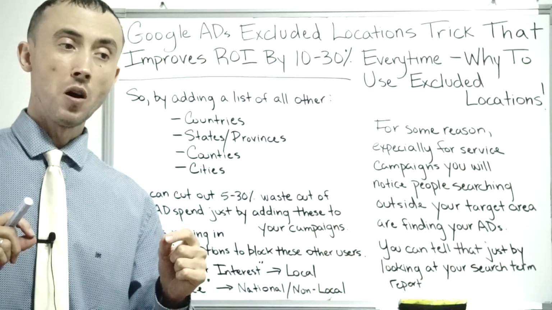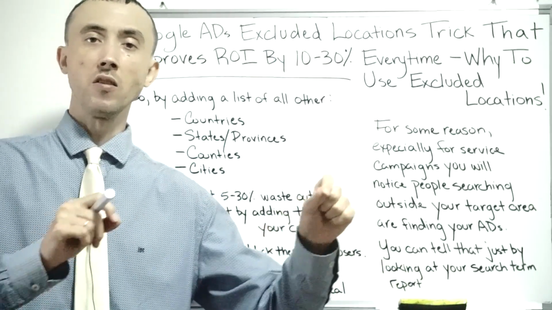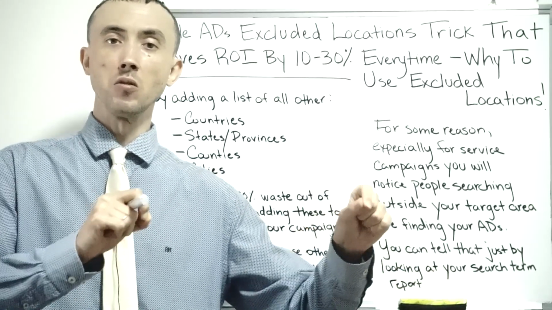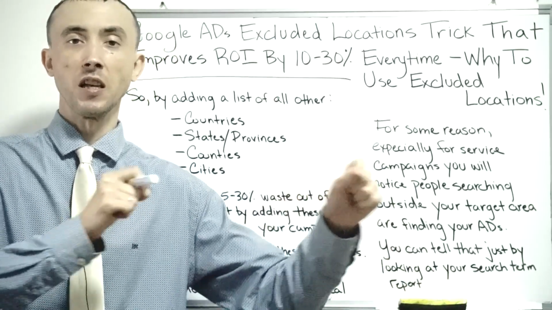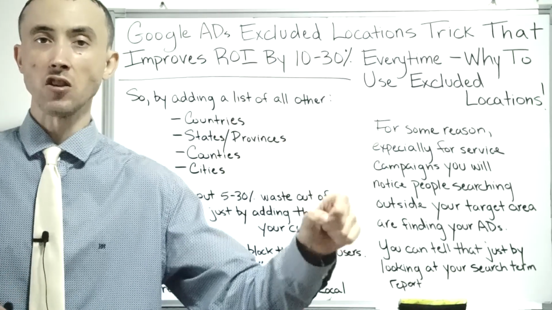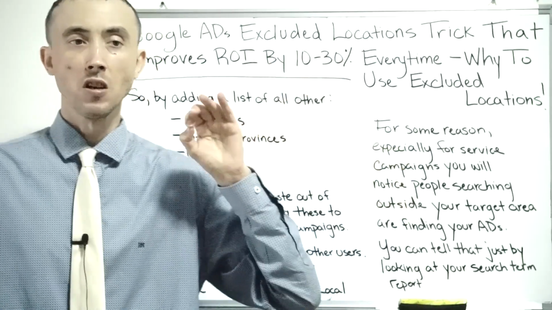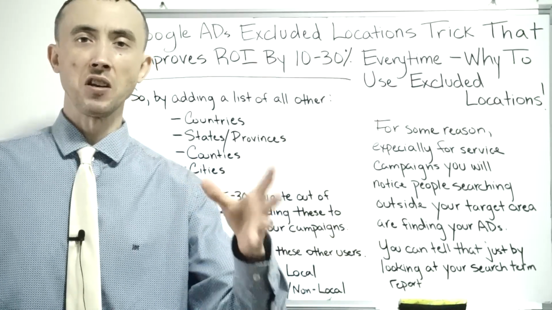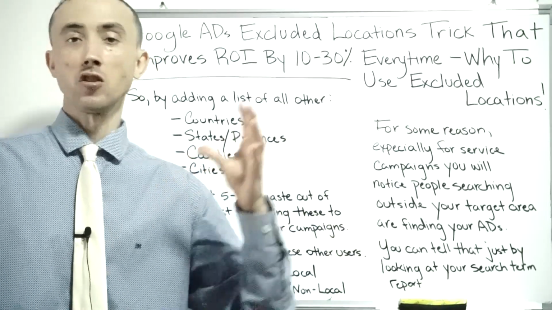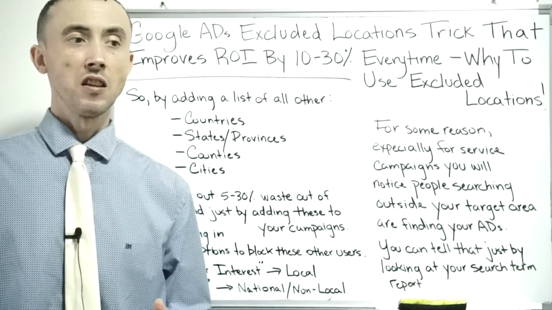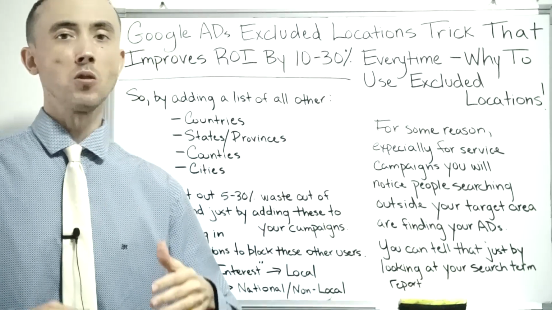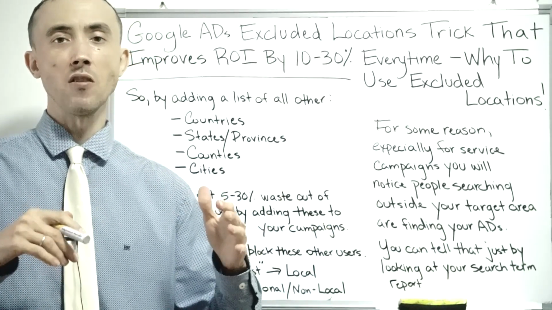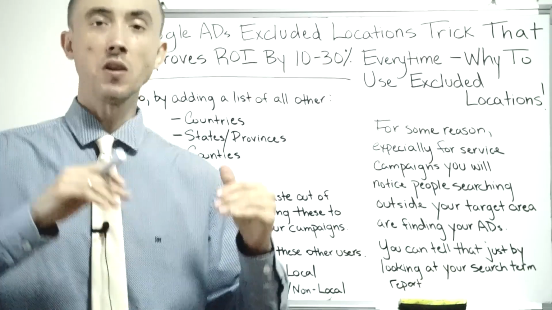So a big part of what I'm sharing with you today is to eliminate that effectively with the negative or excluded locations that Google Ads offers. But there are also people who are non-maliciously wasting your budget, we'll say, just searching outside your area, and your ads show up because Google's location settings don't allow you to exclude people that show interest in your area.